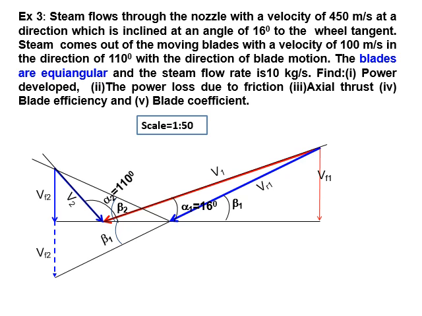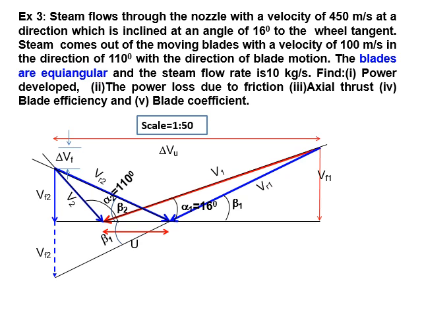These two, the beta 1 and beta 2 angles, should be the same according to the data given in the numerical. Then measure the VR2 line and its corresponding velocity. Then mark the distance of U and measure the distance of U as well as the distance of delta VU, and also measure the delta VF, that is the change in axial velocity from the inlet to the exit.